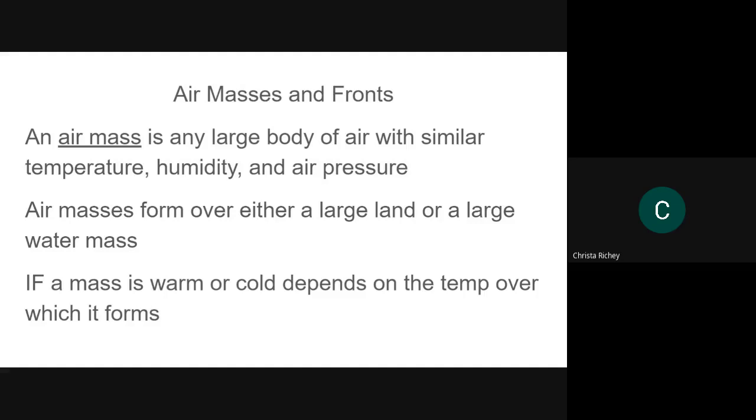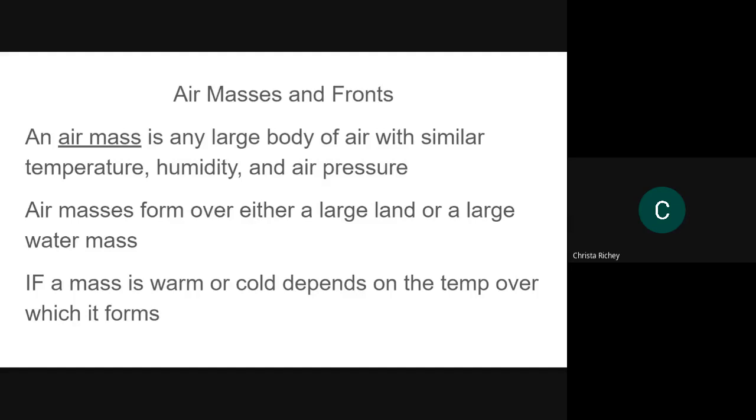So if it's warm or cold depends on where it forms, as far as, is it closer to the equator? If it's closer to the equator, it's going to tend to be warmer. If it's closer to the poles, then it's going to tend to be colder. And I actually have a picture that's embedded in Canvas. I think it's the slide after the next one.